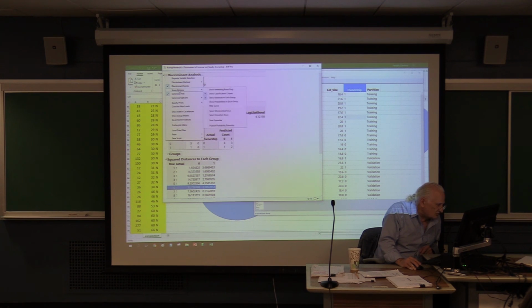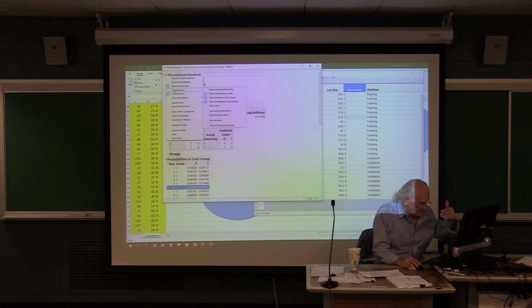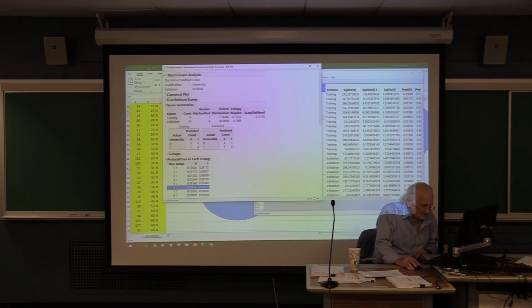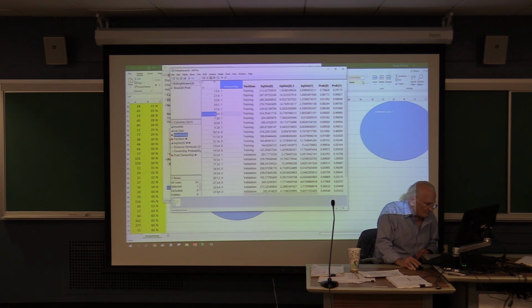Show me the score and show me the probabilities. The score options are for when you have new data, so you want formulas. But look, if I say save formulas, right, then you will see some stuff added here.